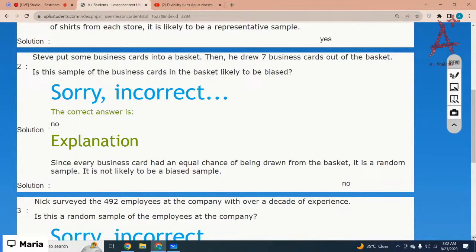Since every business card had an equal chance of being drawn from the basket, it is a random sample, not likely to be a biased sample. Because you are selecting the cards randomly, you can randomly select any card from the basket. So it would be a random sample.